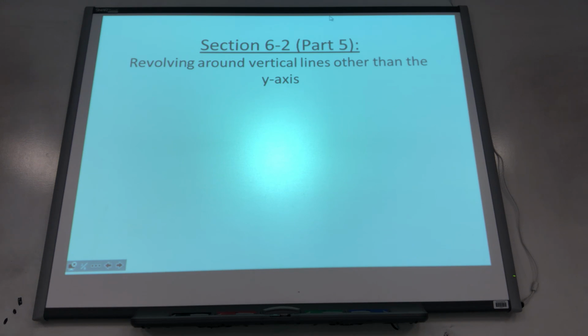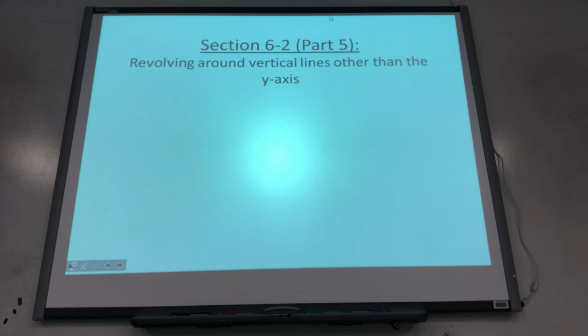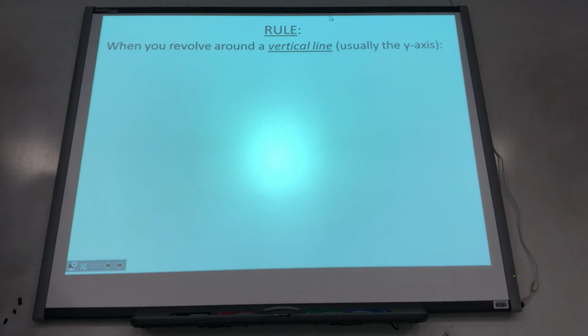Now, like usual, I'm going to start out with some rules and some formulas and things that you'll want to write down. The title was "other than the y-axis," if you didn't quite get that part.